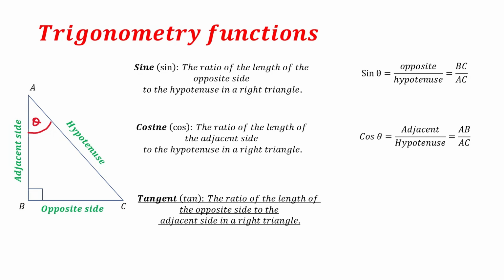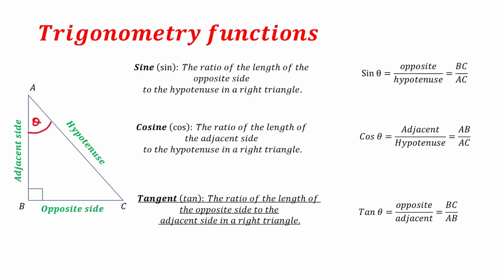Tangent is the ratio of the length of the opposite side to the adjacent side. The opposite side for theta is BC divided by AB. By using these formulas, let's move on to calculate some questions.